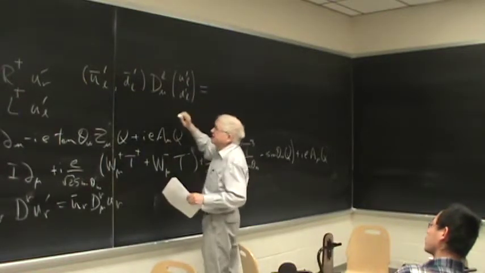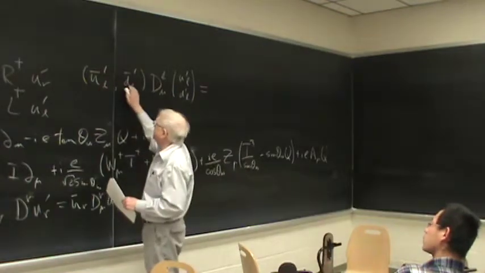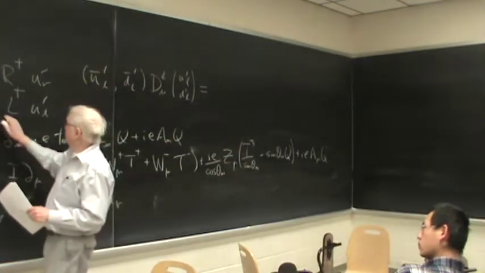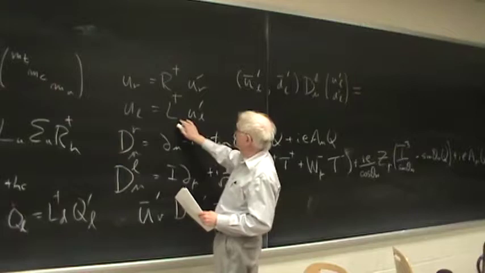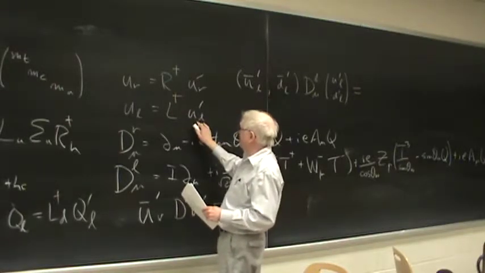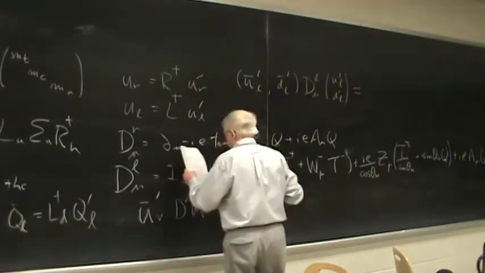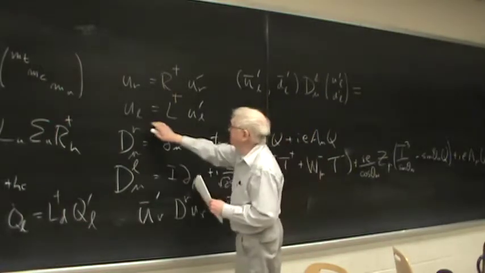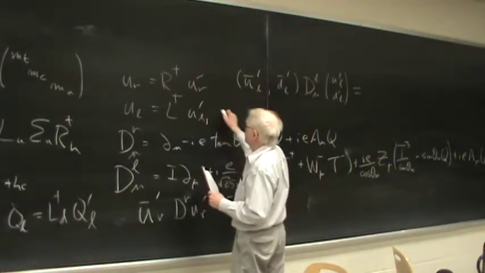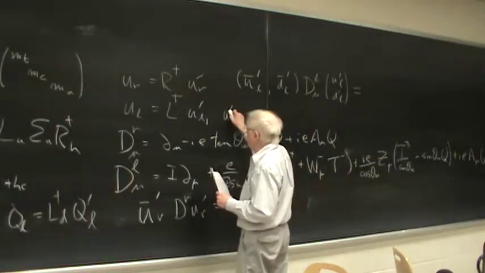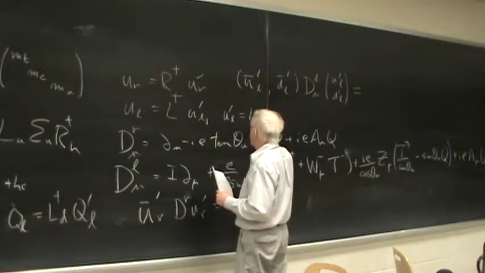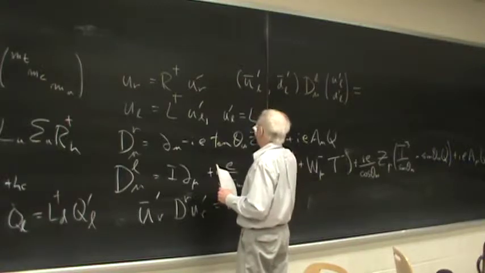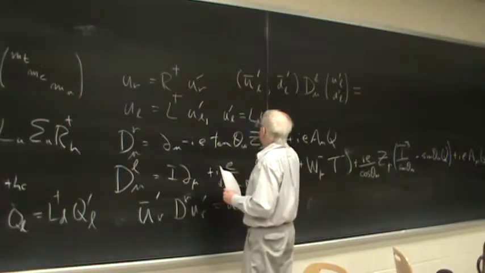And what we can do then is we can say that u prime left and d prime left are related in this way. U prime left is L_U times u left.